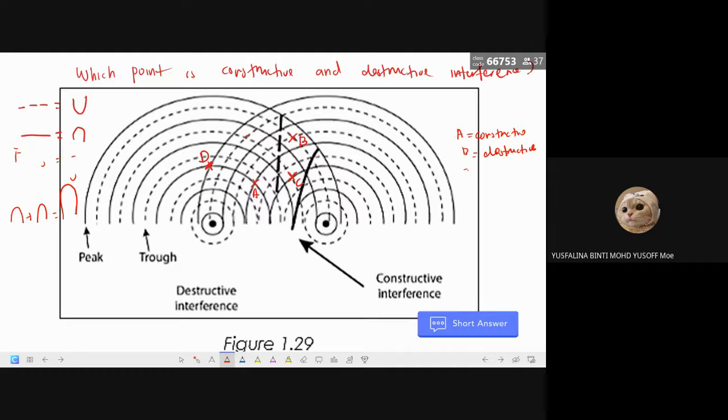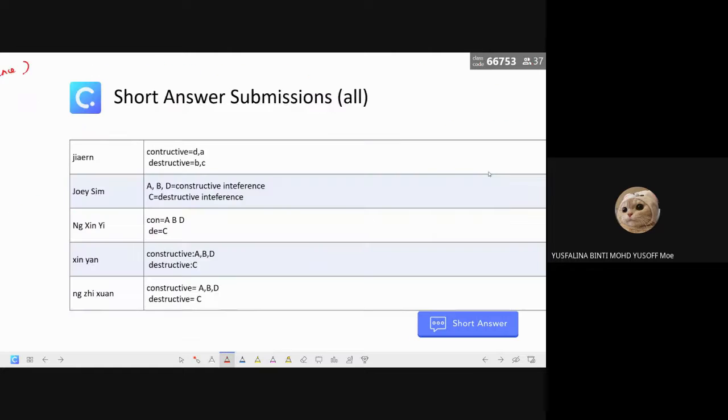Alright, and C is the crest meeting with the trough. So this one should be destructive. Okay, and D is the crest meeting with the crest. So this one is constructive. Okay, constructive, constructive, destructive, constructive.